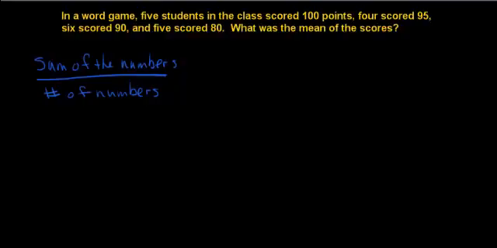So if we take a look at this particular problem here, in a word game, 5 students in the class scored 100 points, 4 scored 95, 6 scored 90, and 5 scored 80. So what was the mean of the scores? Well, first thing we've got to do is get a total for each of these different score amounts. So for our first one, we had 5 students, and they scored 100 points each.